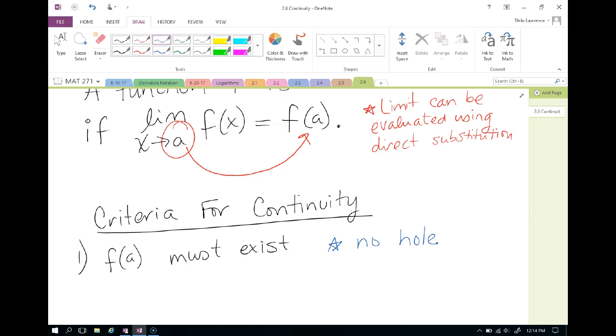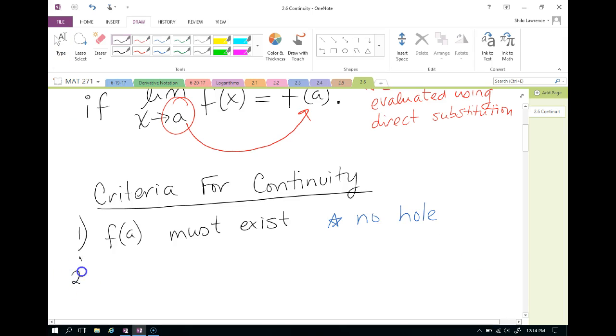Well, now in section 2.6, when we start dealing with continuity, we can't have holes. There has to be an actual point on the graph. So f of a, which is just a fancy way to say a y value, f of a must exist, which graphically means there's no hole.